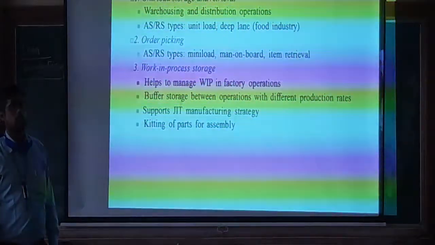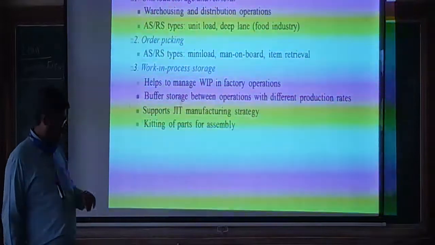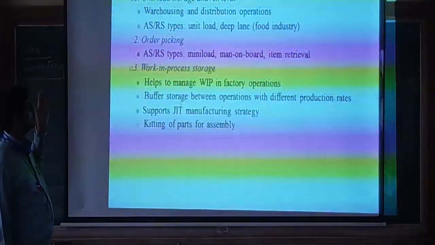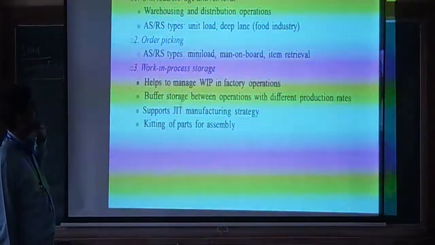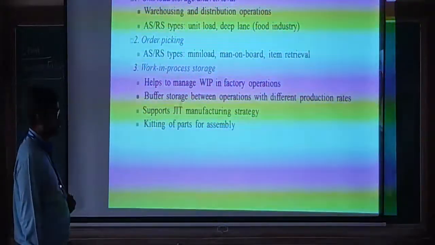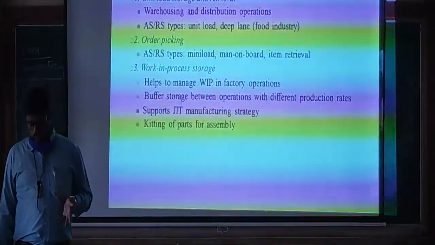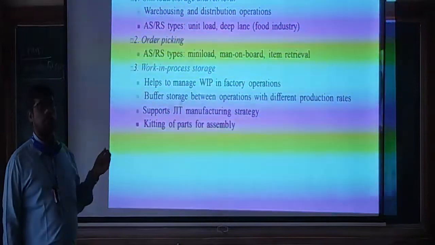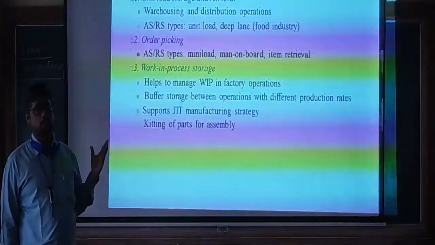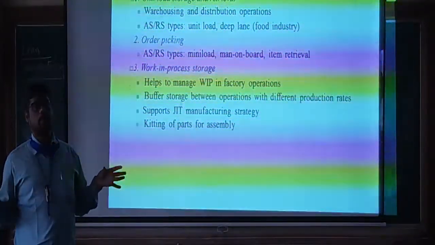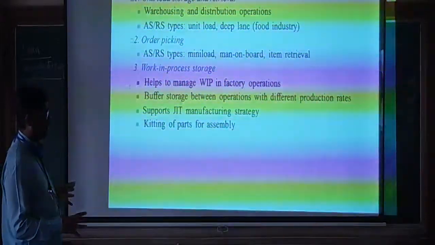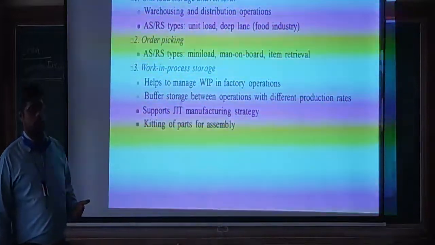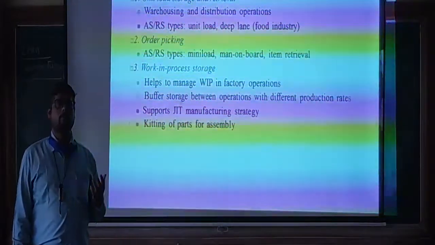Next, what are the applications of the automated storage and retrieval system? The first is unit load storage and retrieval, in warehousing and distribution operations. Automobile companies have big warehouses and distribution centers.